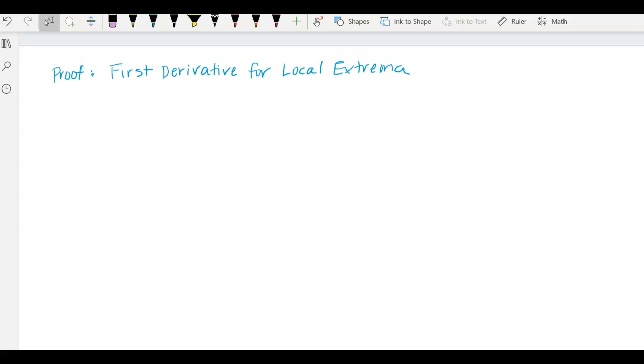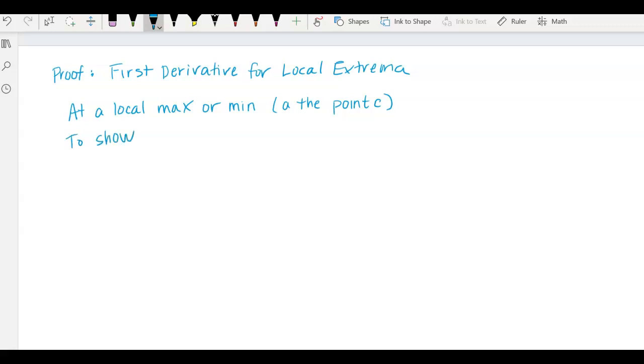So I just made a little room here to do the proof. We want to show that at a local max or min point, let's say at the point C, we want to show that the derivative there is equal to 0.